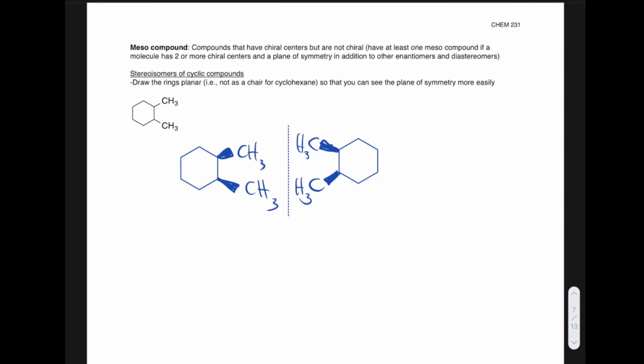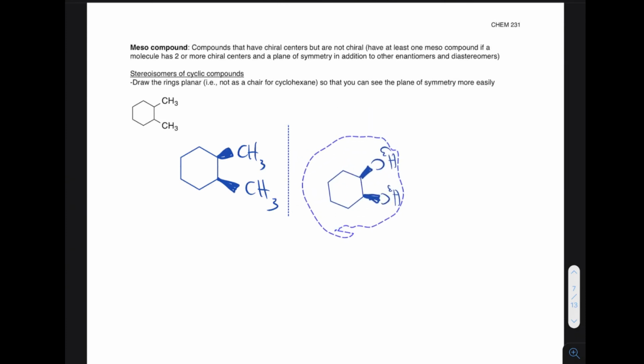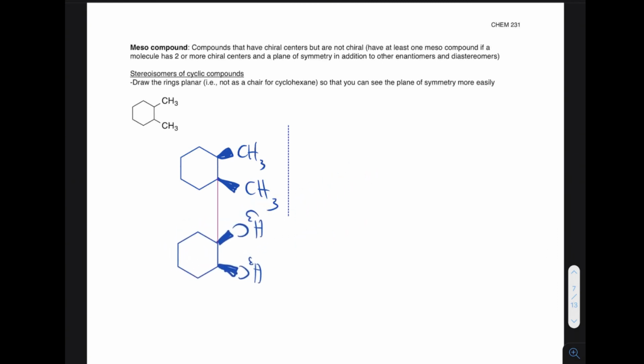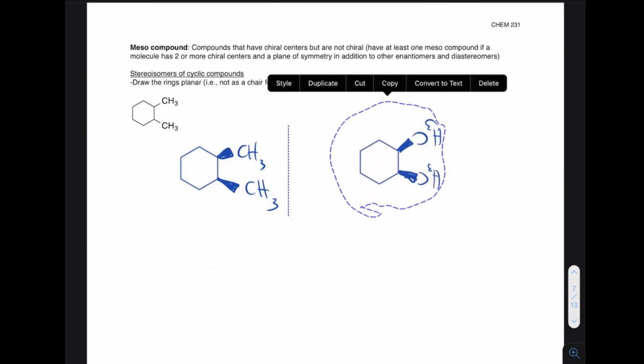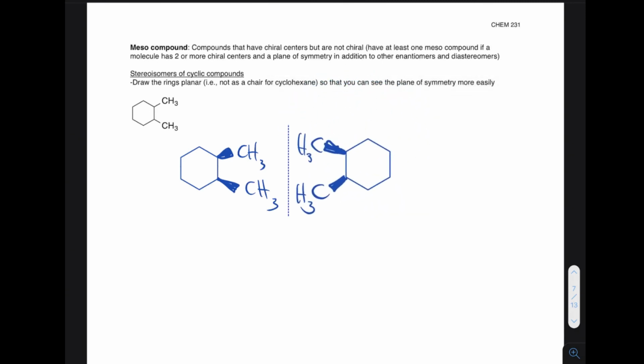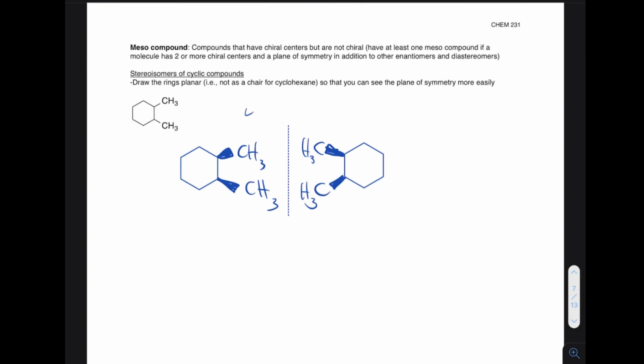Right now it looks like they're mirror images, and typically if we try to rotate a molecule, we can't superimpose one on top of the other. But as we can see here, if I rotate this molecule, despite the groups being upside down, we can superimpose this on top of itself and get the exact same molecule. They're superimposable. So this is what we call a meso compound.